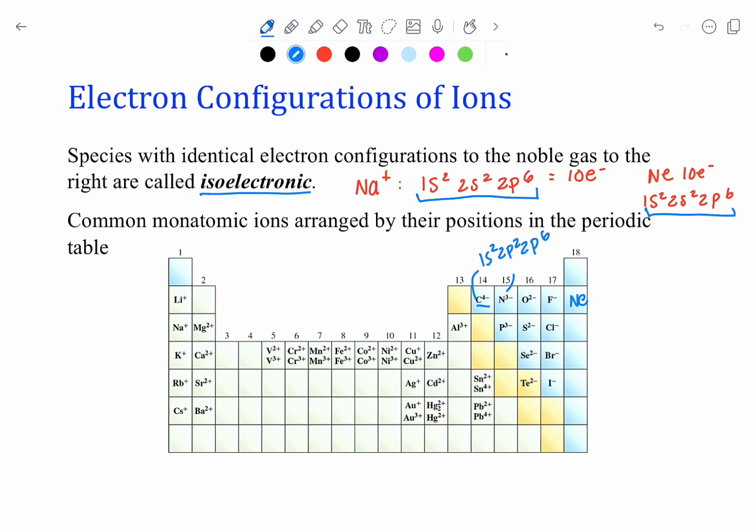The same goes for nitrogen, as well as oxygen and fluorine. They all have the same electron configuration as neon. The same goes for phosphorus, sulfur, and chlorine. They all have the same electron configuration as argon when these are in their ionic form. And the same goes for the cations; you just have to work backwards. Isoelectronic means that they have the same number of electrons, whether they're in an ion or in their neutral form.